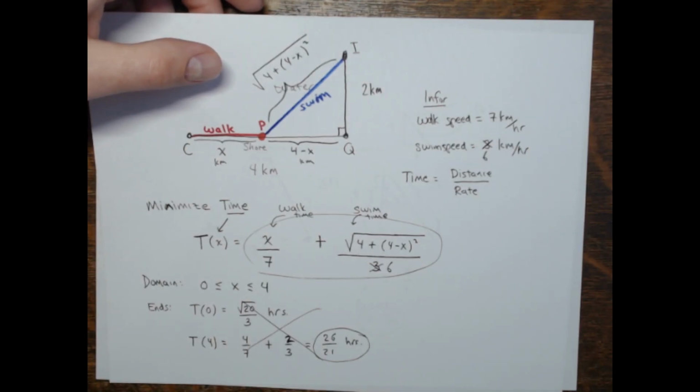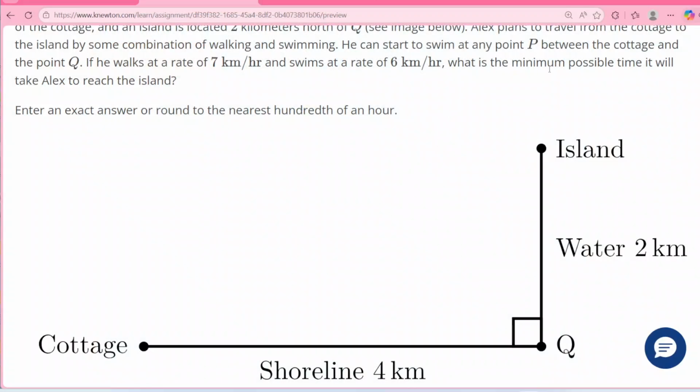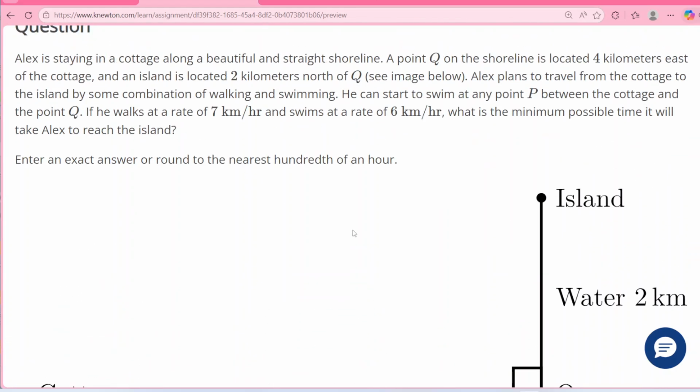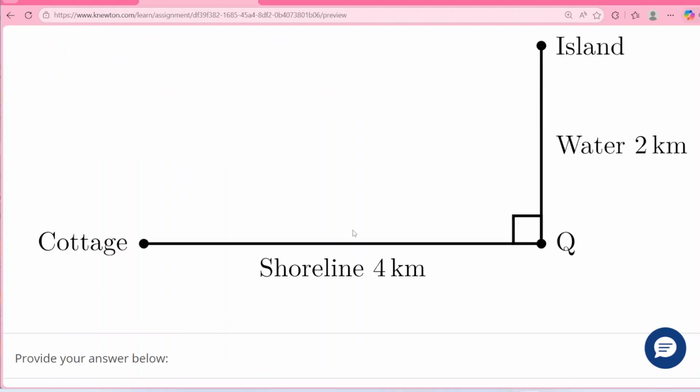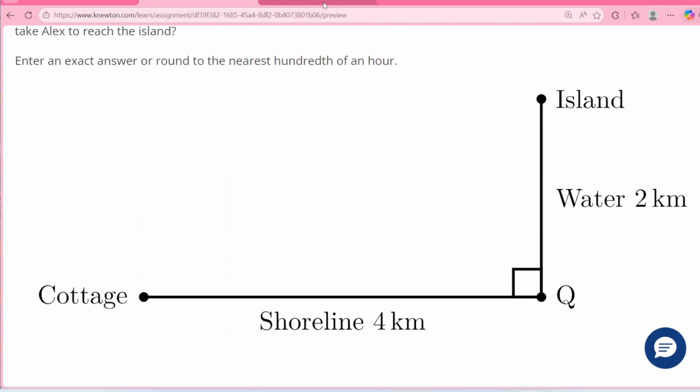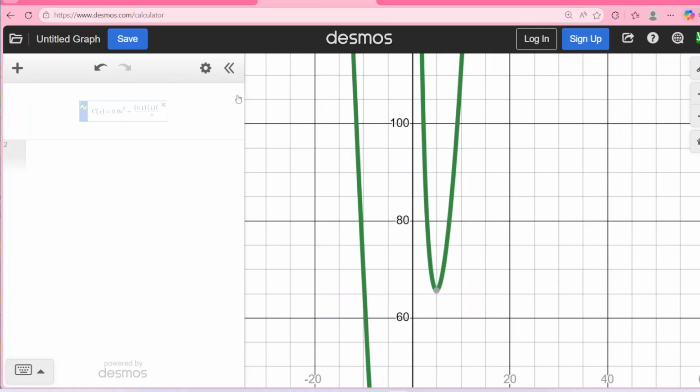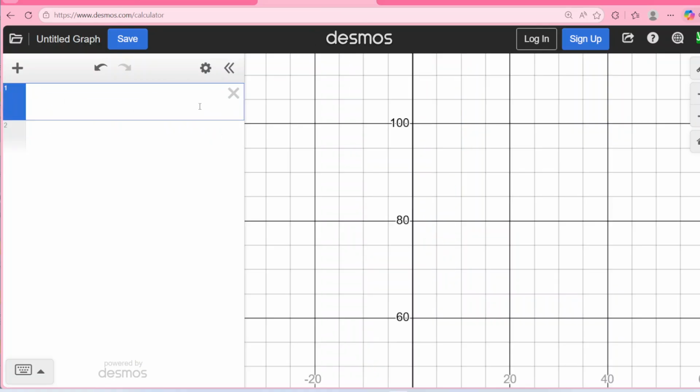And I think that's all it wants. It says what is the minimal possible time it will take Alex to reach the island? Again, walk down the shore, swim for a little bit. All right, so back in Desmos, I will enter a very similar function to that one from earlier.